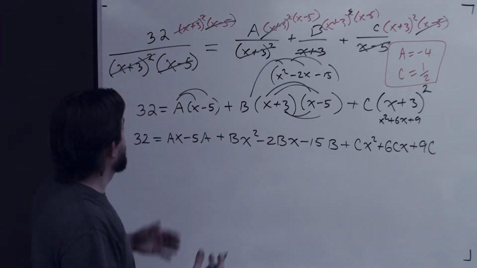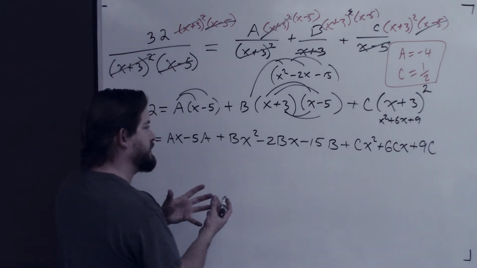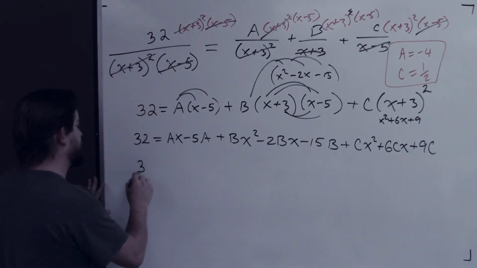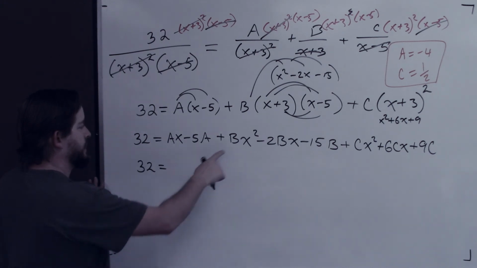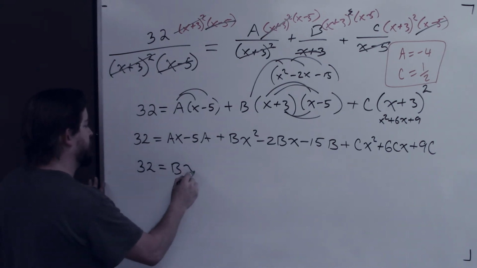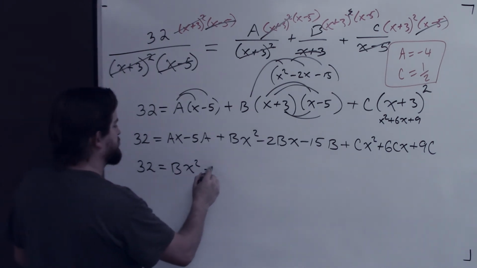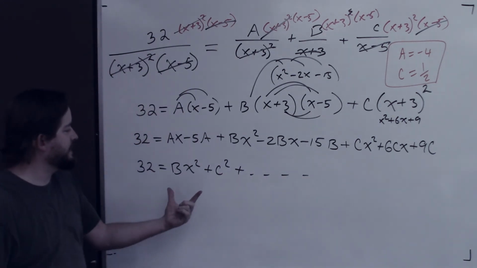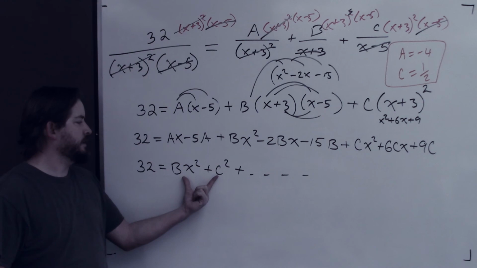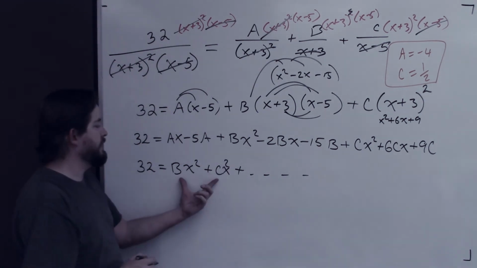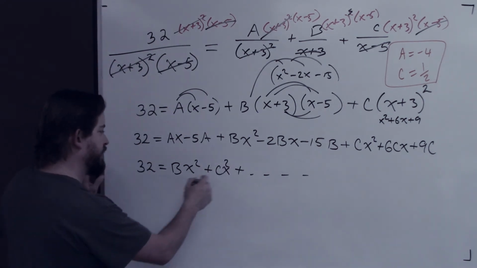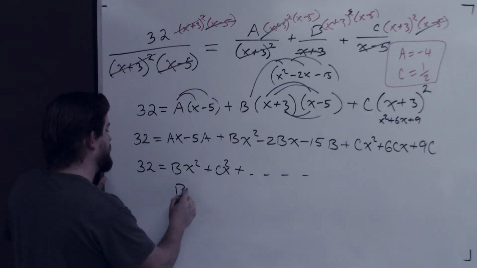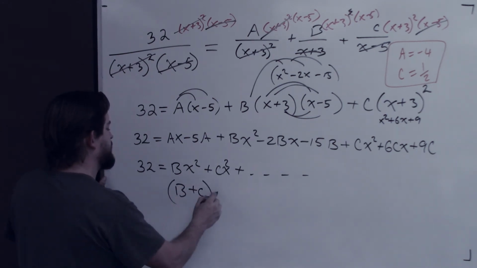Right? And if I get my x squares together, then I'm going to rewrite this as 32 equals bx squared plus cx squared plus, and I don't even care what the rest of this is. I know that b and c have to be the opposite symbols because when I factor out the x squared, that gives me b plus c times x squared.